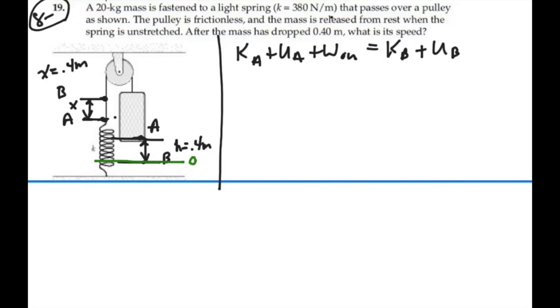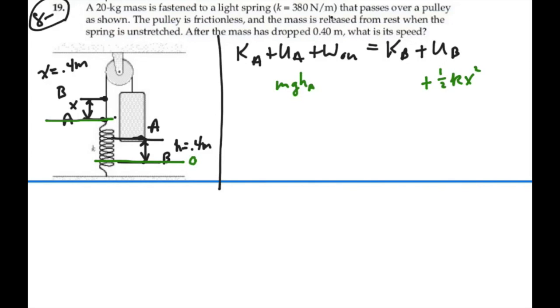That'll be our 0 height. So we are going to have gravitational potential energy at A, but A is no extended spring, so we're only going to have gravitational potential energy at A, mg height at A. And we'll have only spring potential energy at B, 1/2 kx squared.